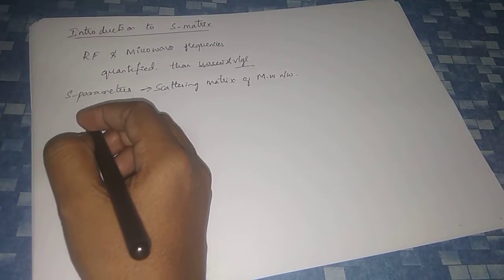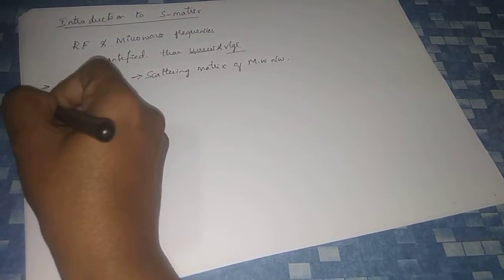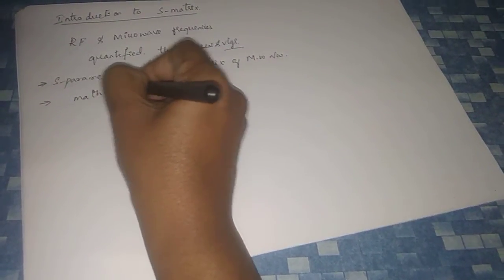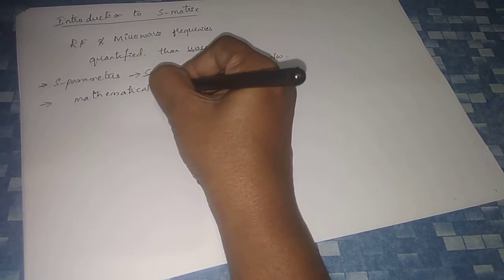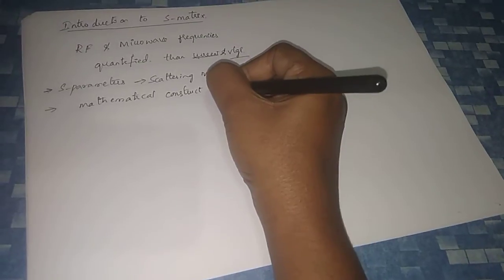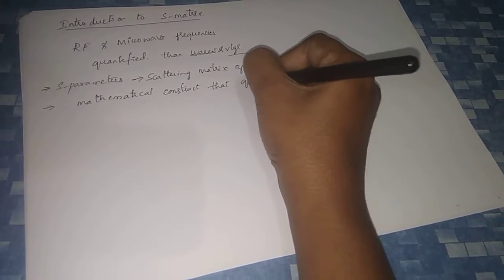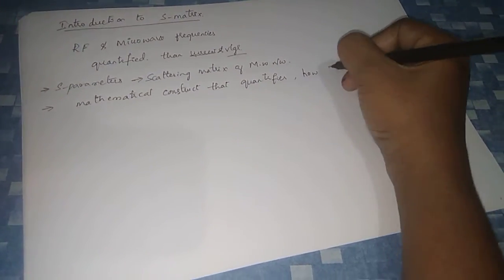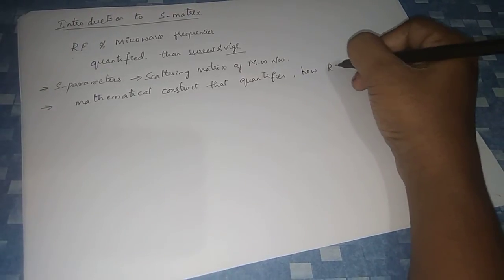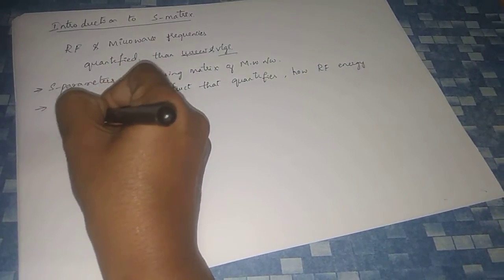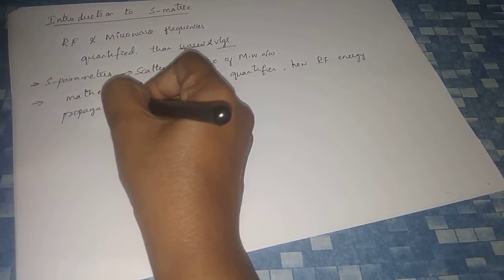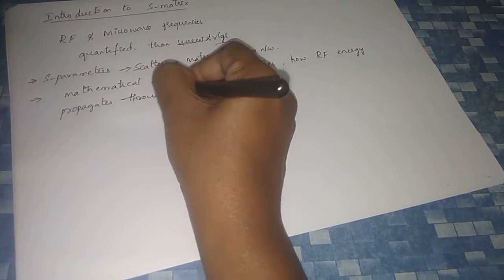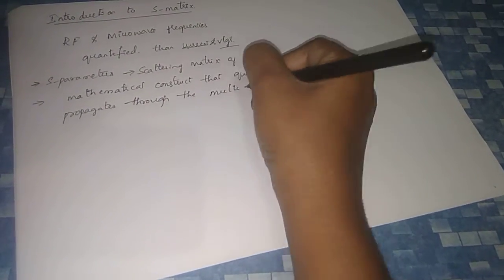The scattering matrix is nothing but a mathematical construct that quantifies how RF energy propagates through the multi-port network.